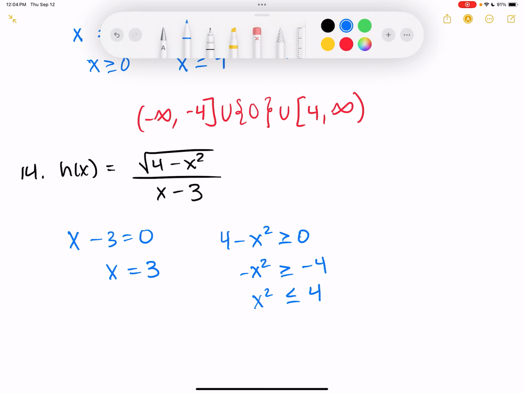Plus or minus, which means that one of them also has to have the inequality flipped. Right? Okay, so I have x is less than or equal to 2, or x is greater than or equal to negative 2.